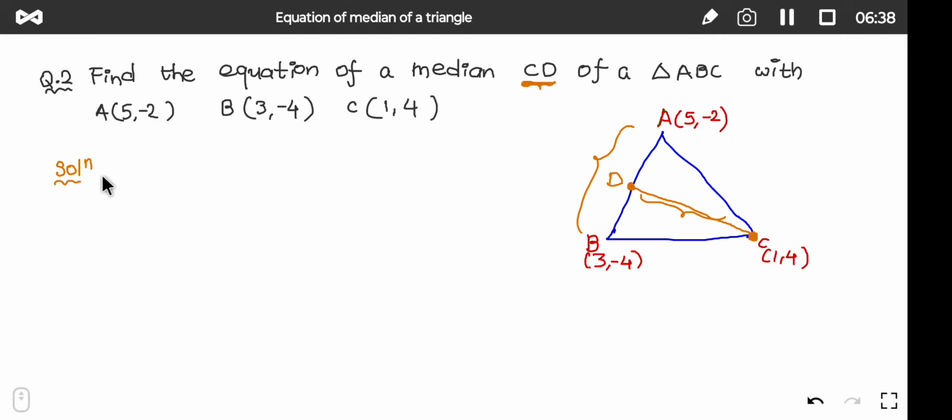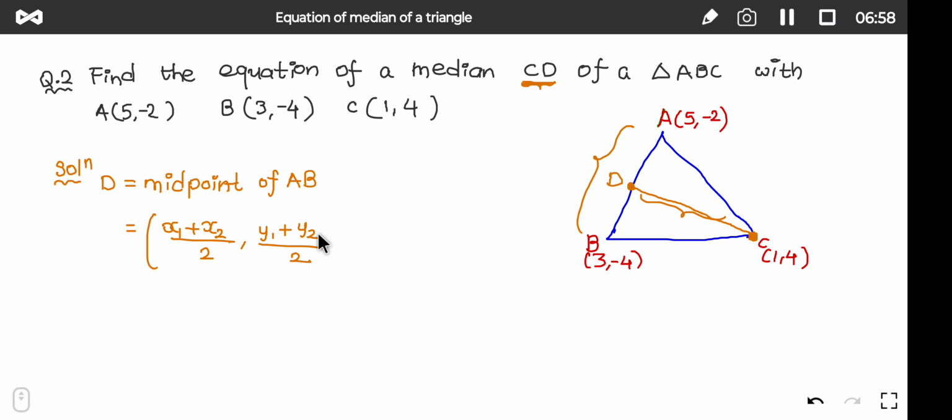So D is equal to midpoint of which line? AB line. So the midpoint formula is simple: x1 plus x2 divided by 2 comma y1 plus y2 divided by 2.